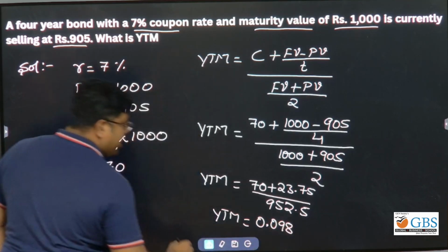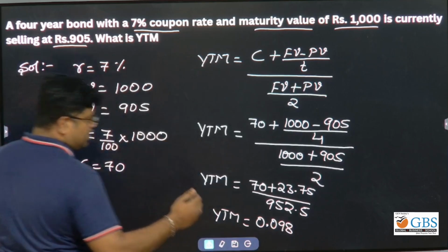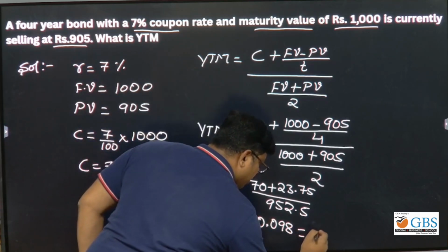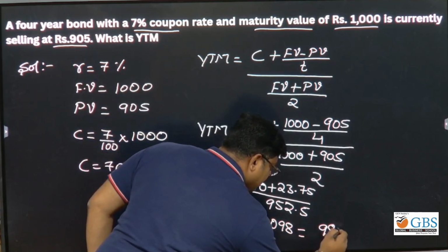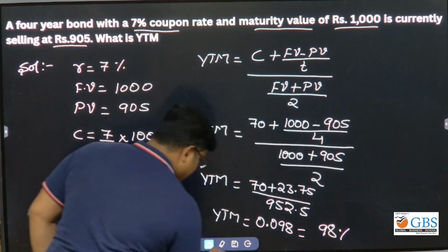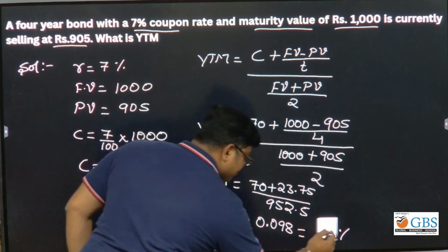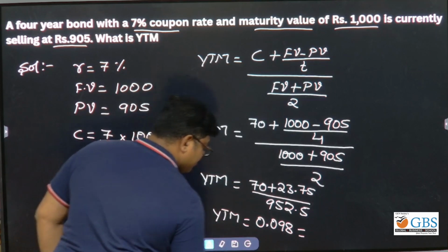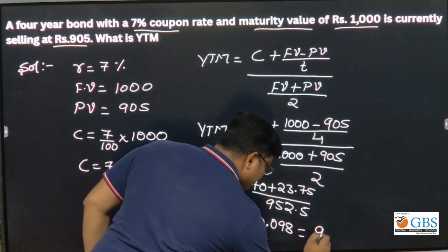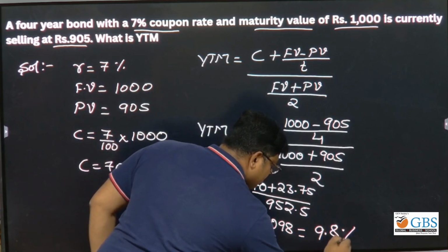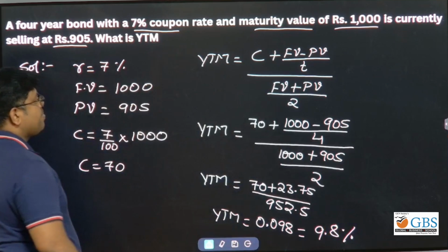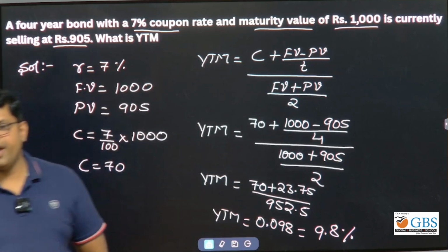That gives 0.098, and into 100 we should do, which is equal to 9.8. So YTM is 9.8%. Very, very simple.